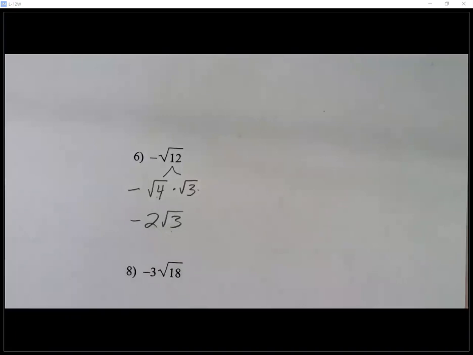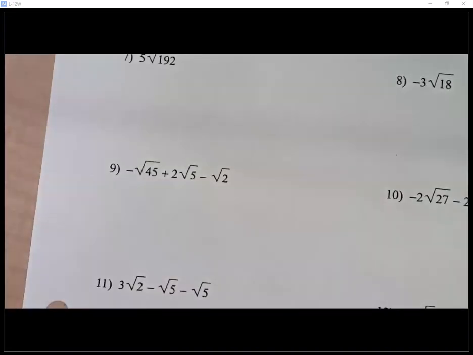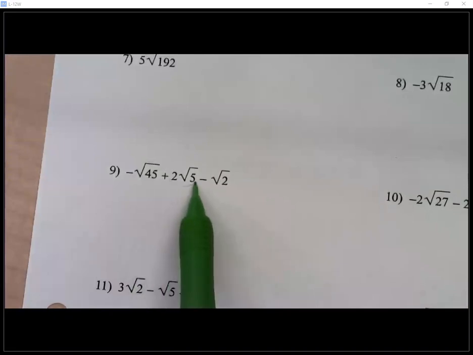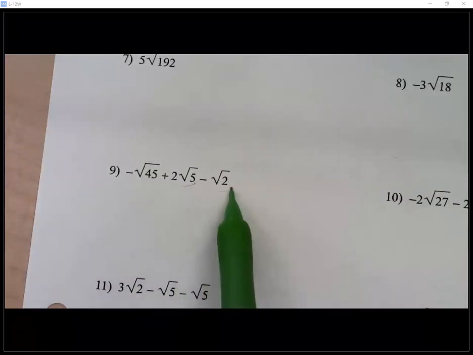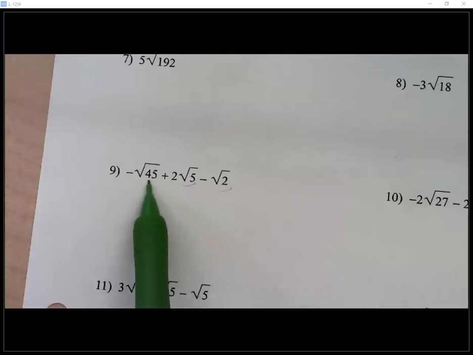So I'm finished. When I jump to 9, now I have a situation because I'm trying to add and subtract some radicals, and I have this one here. I can't simplify this one. 2 root 5 doesn't simplify, root 2 doesn't simplify, but this one sure does. So same thing I did on number 6.